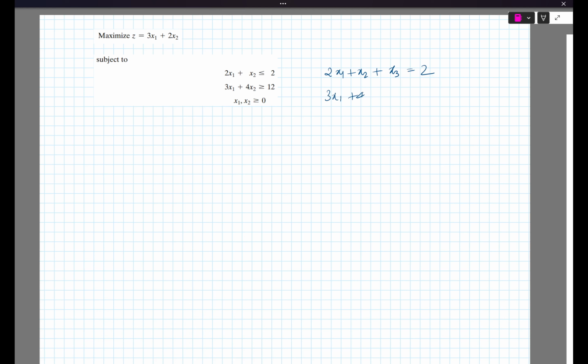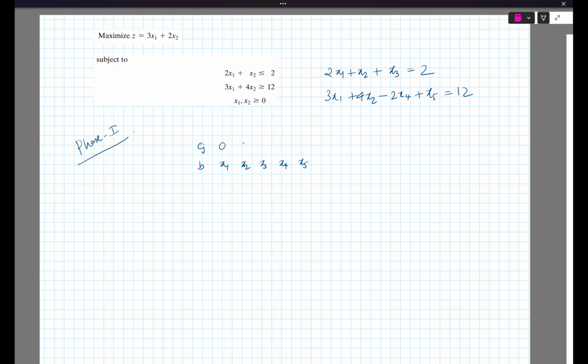So phase 1, if you do simplex, what we will have here is x1, x2, x3, x4, x5.